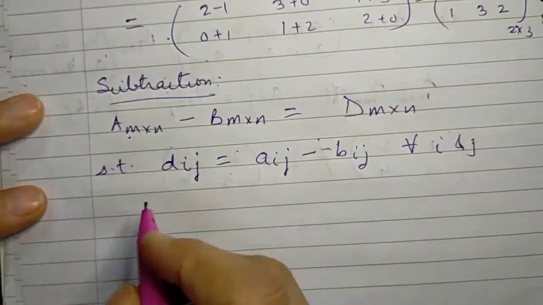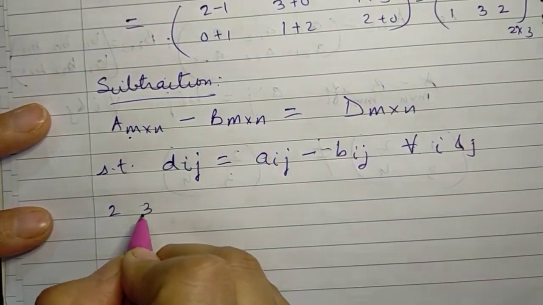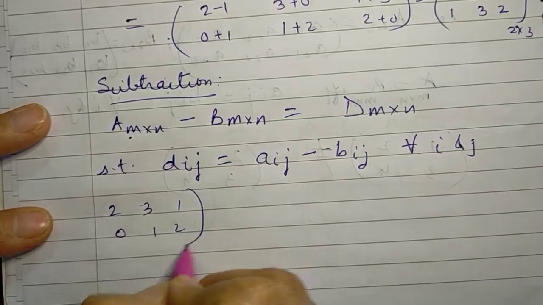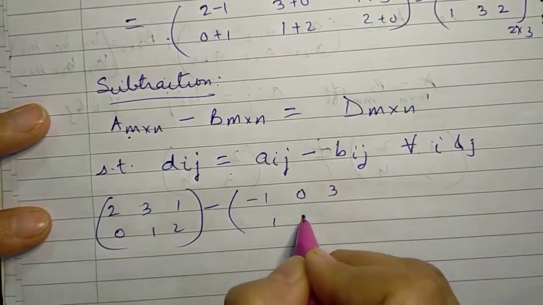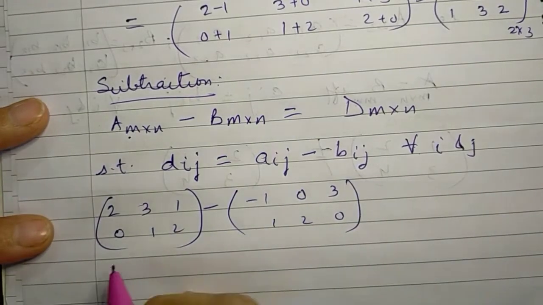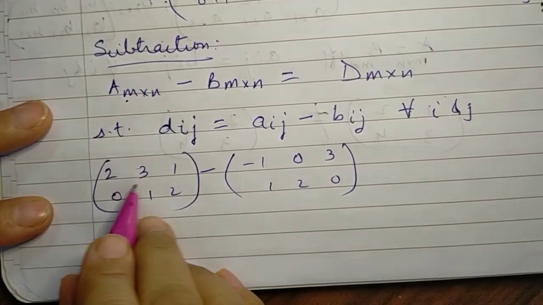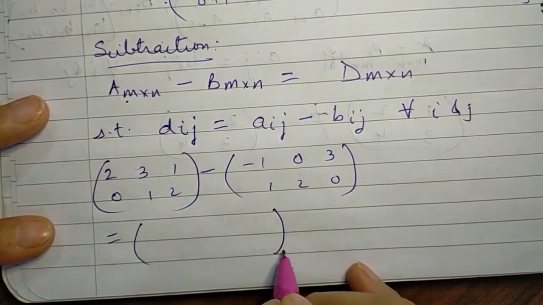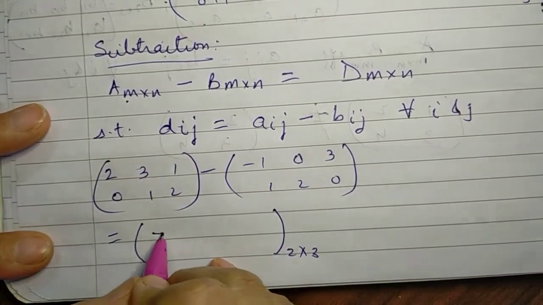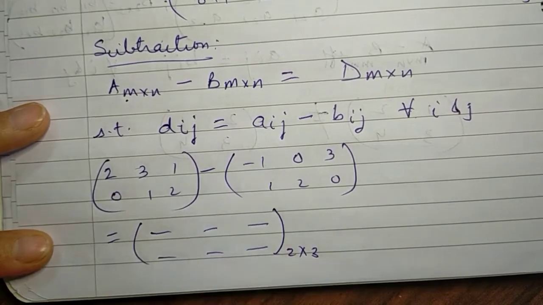That is, in the same example, if I have to find [2 3 1; 0 1 2] minus [1 0 3; 1 2 0], it will be another matrix of order 2 by 3, such that now there are 6 positions to be filled up.